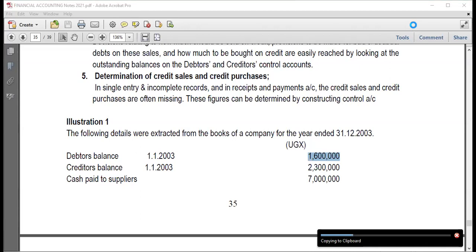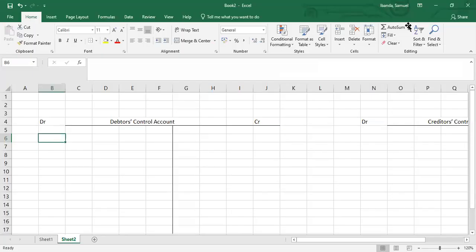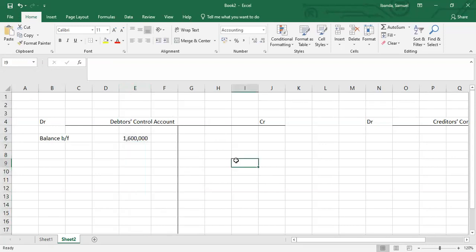Okay, so I'm here. Since they told me that the balance should be on the debit side, I'll come and record it here. Balance brought forward or brought down, okay? And I'll record the figure, 1.6.